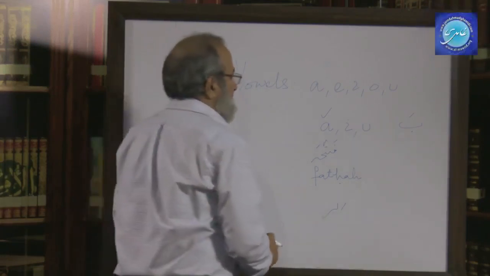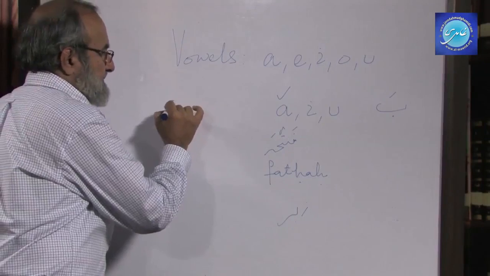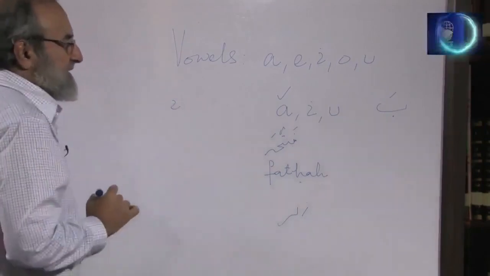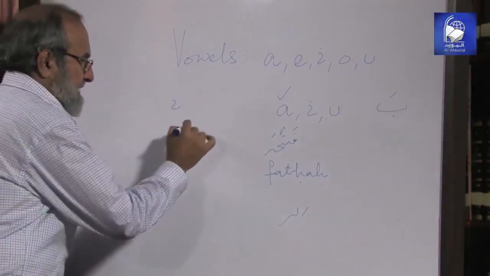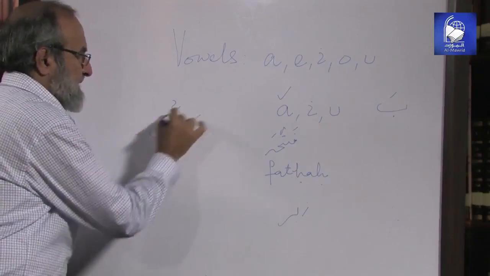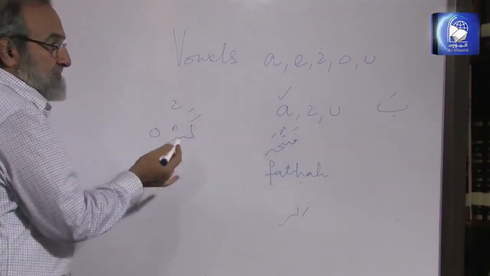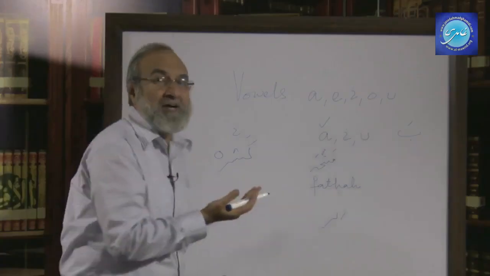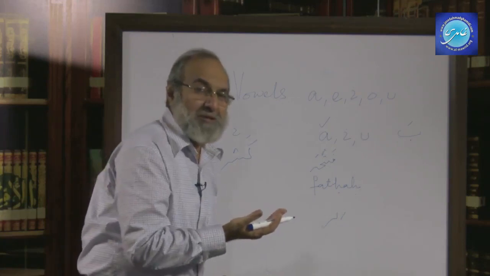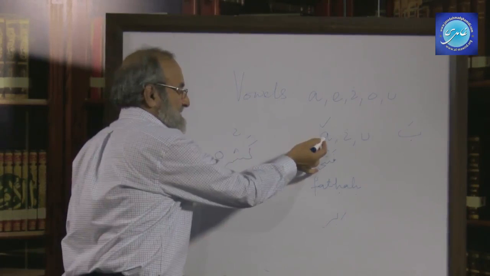Then the next one is I. Now, the equivalent of it in Arabic is kasra. Now, it is as if I already think that you already know it, the use of zabar.